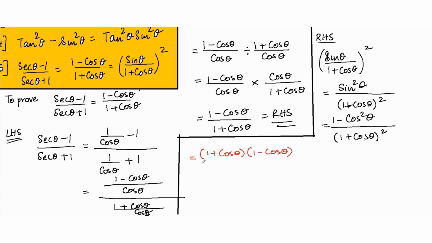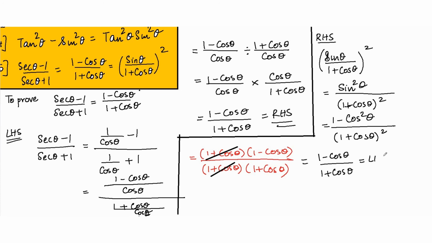The concept that I have used here is a square minus b square, and the denominator is 1 plus cos theta multiplied by 1 plus cos theta, right? So now what happens is 1 plus cos theta cancels from both numerator and denominator, which is why what I now get is 1 minus cos theta divided by 1 plus cos theta, and that equals the LHS, right?